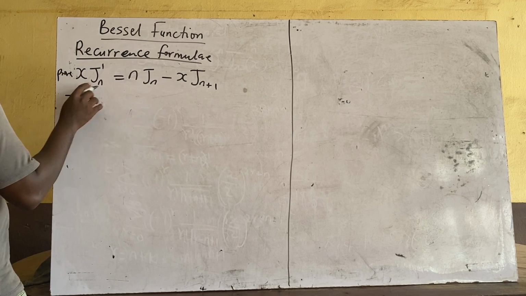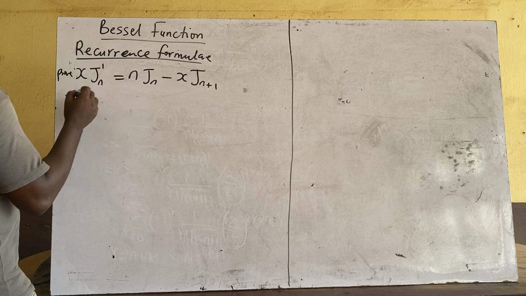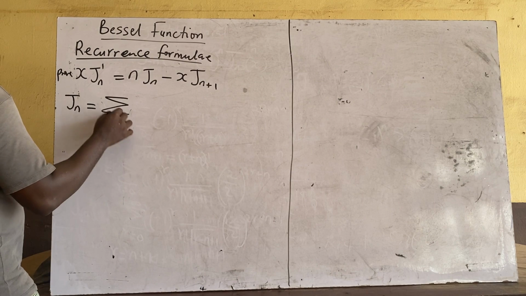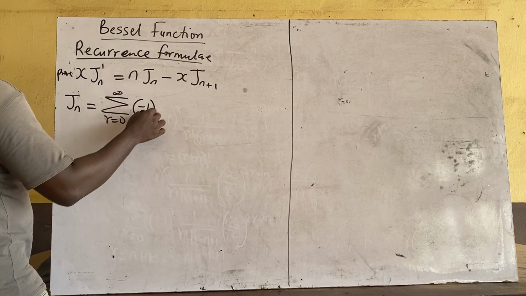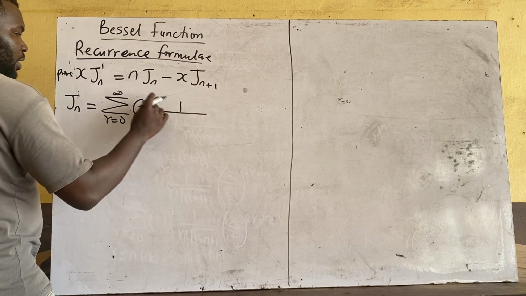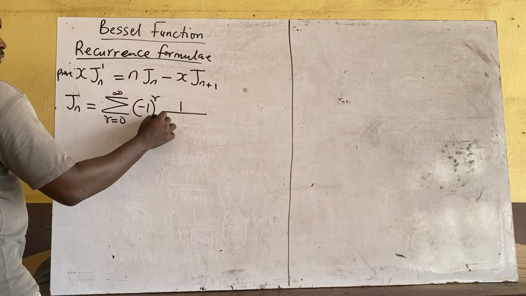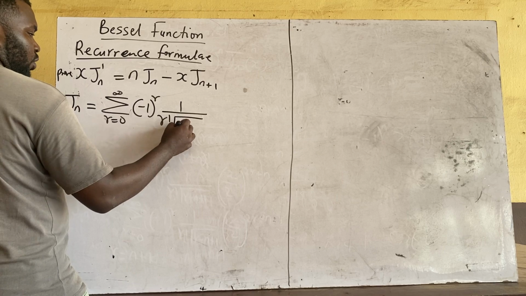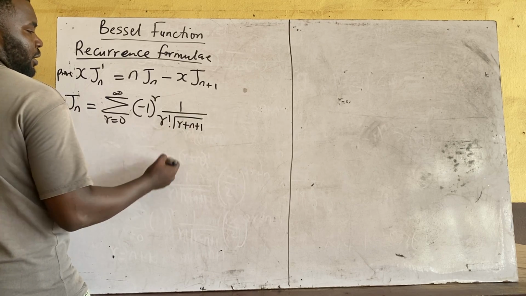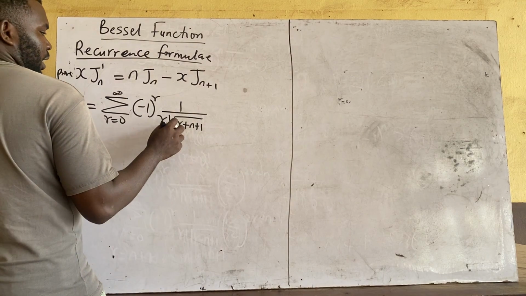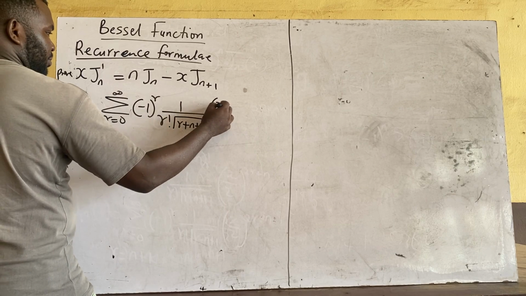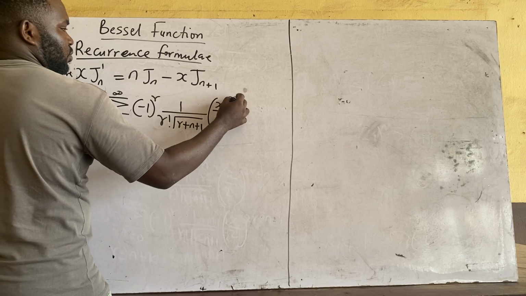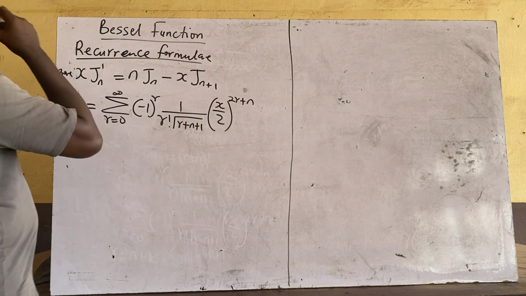So first of all, let us get J n. Our J n is giving us, don't forget, the summation of r starting from 0 to infinity of minus 1 raised to power r, then 1 over that same r factorial, then the gamma function of r plus n plus 1. Then I told you how to remember what will be here, x over 2 raised to power r plus r plus n, that is 2r plus n. That is how I remember the formula.